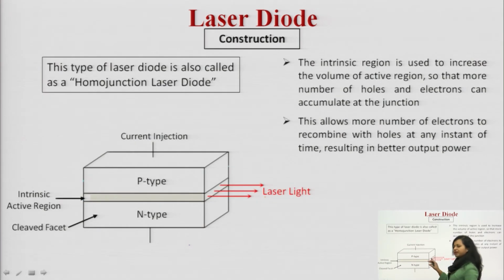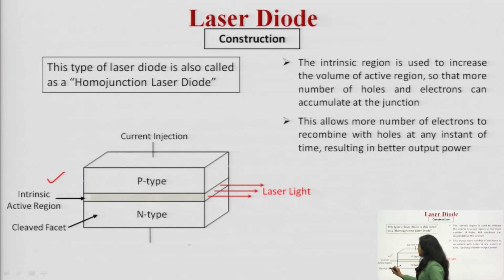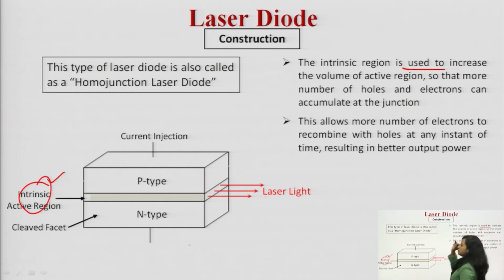You can see, because this is a special purpose diode, there is a PN junction, and in between the P and N there is an intrinsic active region, and from this particular junction itself the laser light is going to be emitted. The intrinsic region is used so that the volume of the active region can be increased, and when the volume of the active region is increased, the amount of light will be increased.